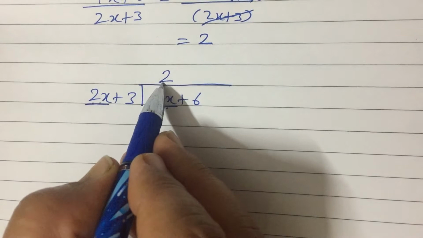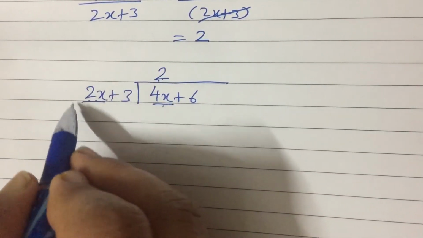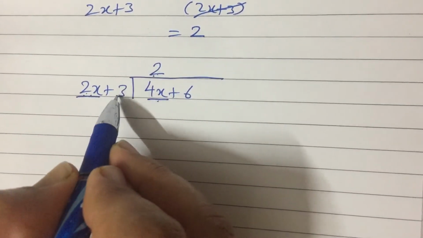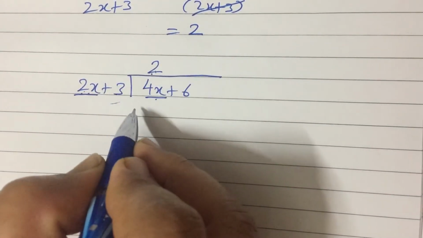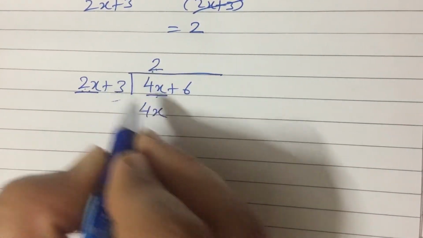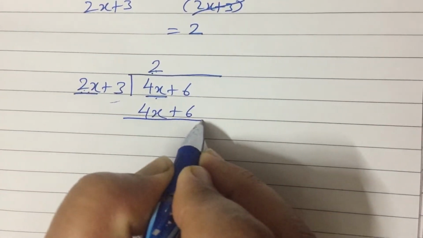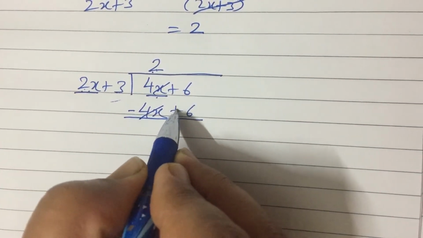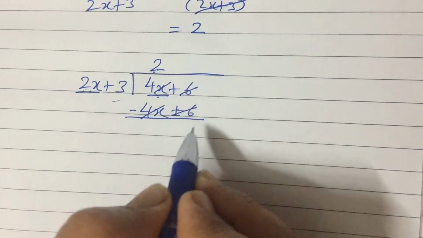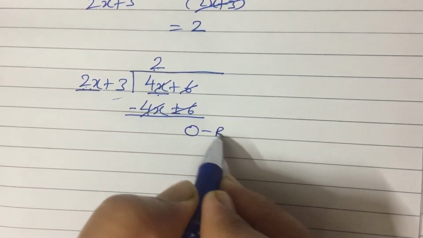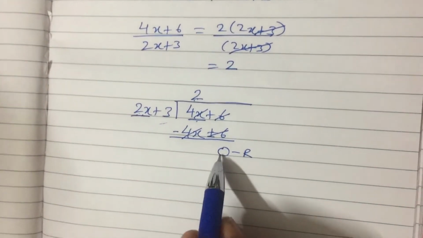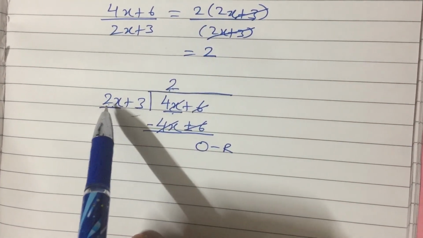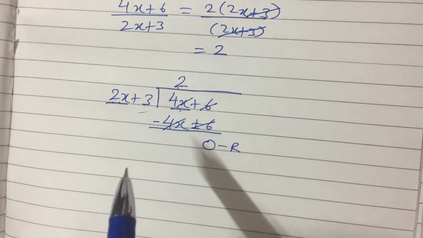But when I have a 2 here, when I have to multiply this quotient with the divisor that is a binomial, we will multiply 2 with both the terms. 2 into 2x is a 4x. This is a plus 6. Vertical method of subtraction, this becomes a minus. It cancels out. This plus becomes a minus. This also cancels out. And the remainder is now equal to 0. Remainder becoming 0 means 4x plus 6 is exactly divisible by 2x plus 3.